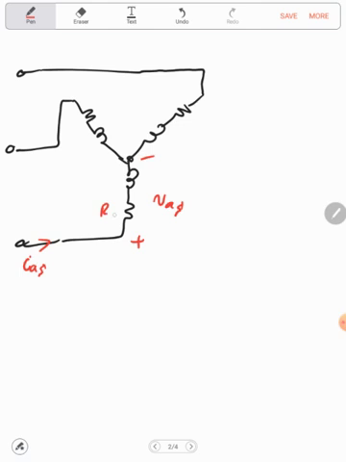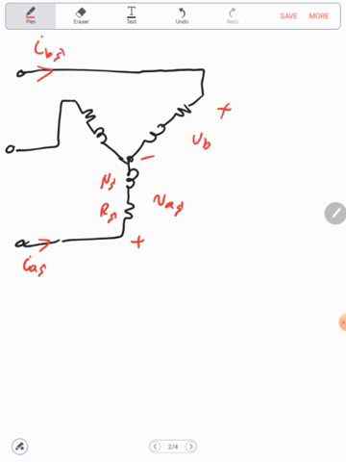This will be the RS, the stator resistance. This will be the NS, the equivalent number of turns of the stator windings. And those are identical for all the phases because we are studying a symmetrical or balanced three-phase machine. And let's assume that this is the IBS.